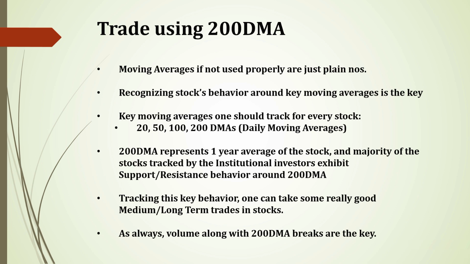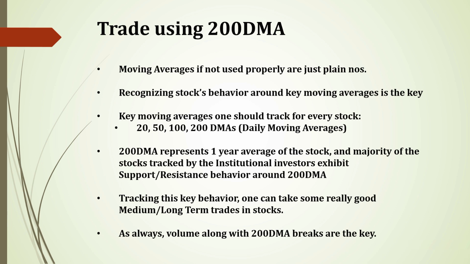All it shows is some number in terms of price, and compared to current price, you will see whether current price is above that or below that. But how exactly to use it properly? Recognizing stock's behavior around these moving averages is the key. How a stock is behaving around some of the key moving averages is the main point here.